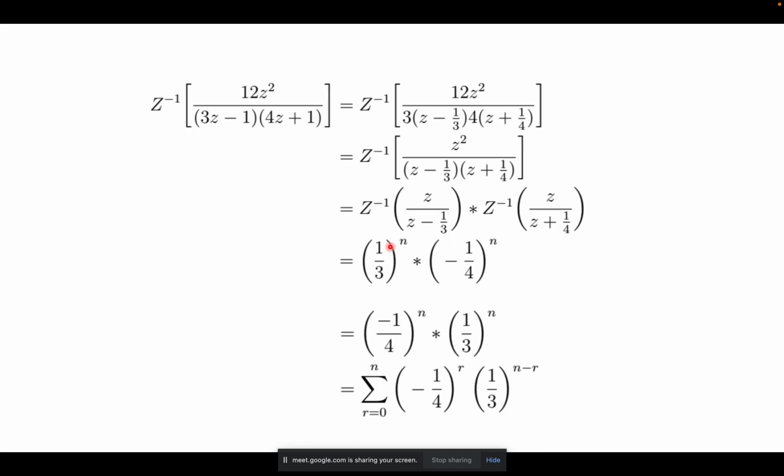So you have (1/3)^n convolution with (-1/4)^n. I can also rewrite it as (-1/4)^n star (1/3)^n. Now if you recall the convolution property for continuous functions, when you were reading the Laplace transform, there you do the integration.